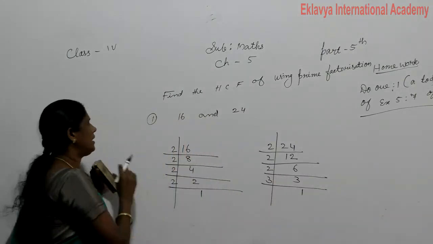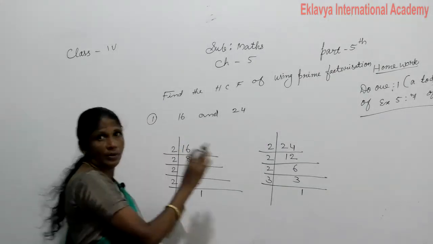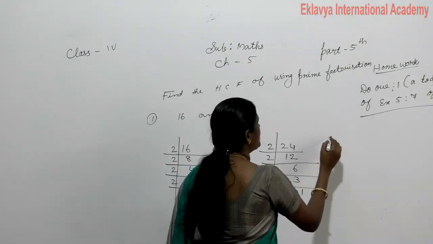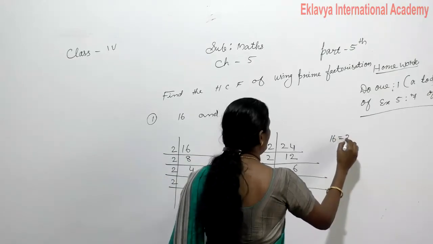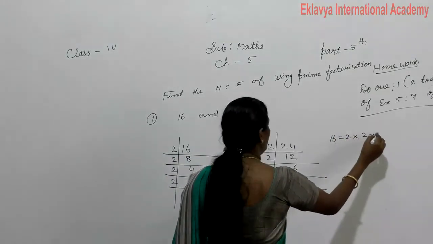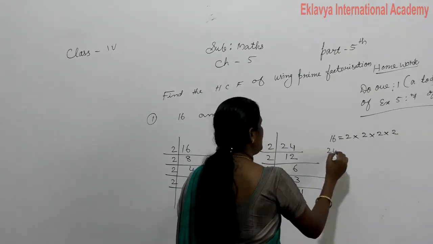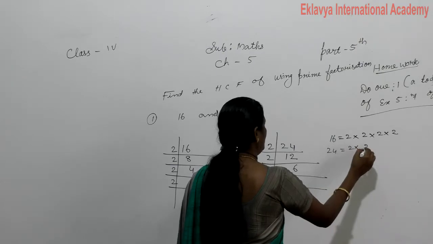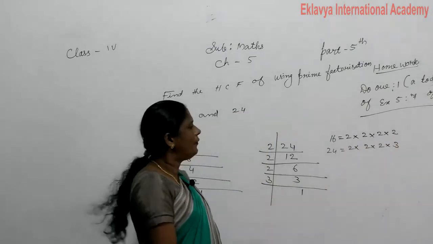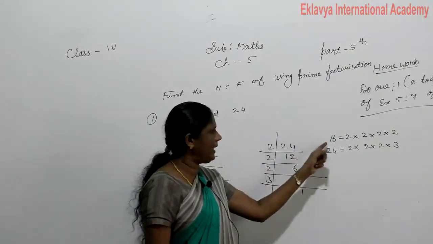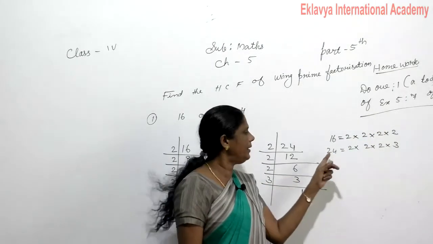Now next step. 16 is equal to 2 into 2 into 2 into 2. Then 24 is equal to 2 into 2 into 2 into 3. Now first you arrange all the factors of 16, then next 24.